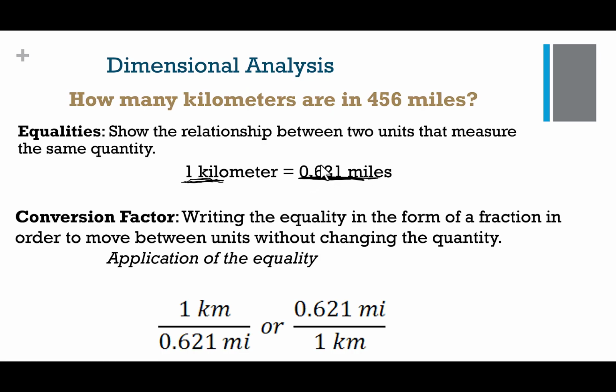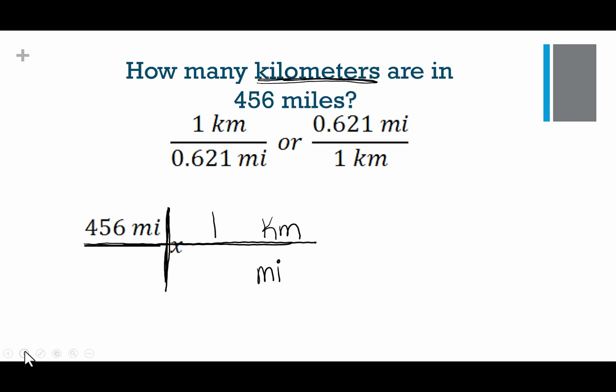The 0.621 was attached to miles, so that is going to stay with the unit miles. Okay, now we're ready to solve. To solve this, we multiply across the top and divide by whatever's on the bottom.